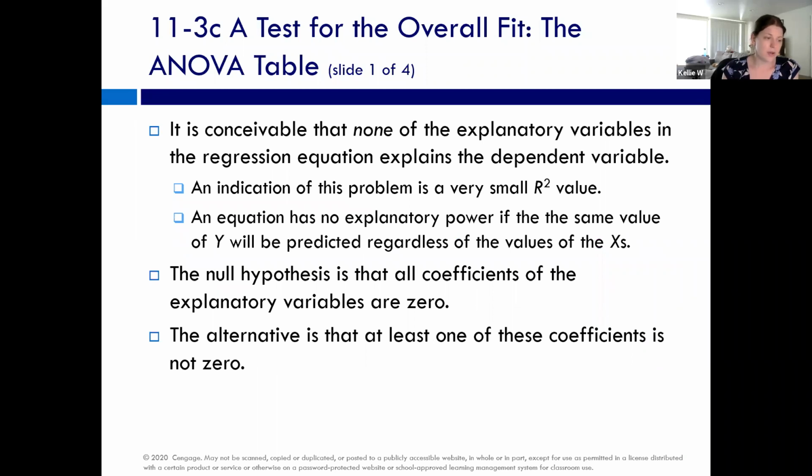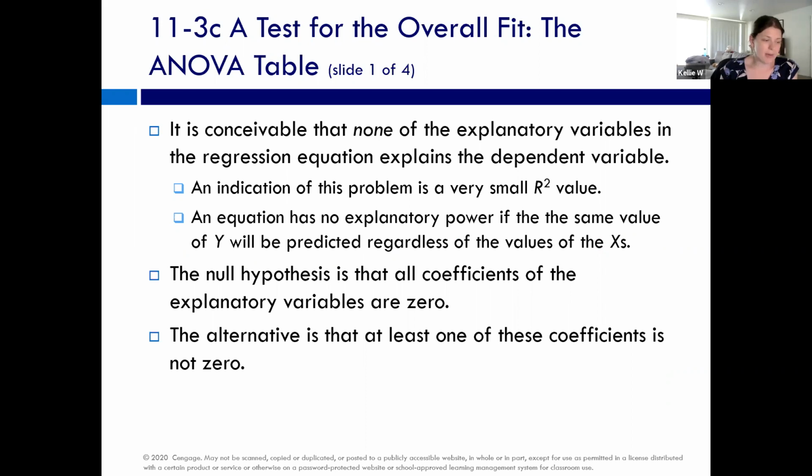Okay, so it is conceivable that none of the explanatory variables in the regression equation explain the dependent variable. One way to know that is by having a poor, low R-squared value. Or it doesn't have any explanatory power if the same value of y will be predicted regardless of the values of x.